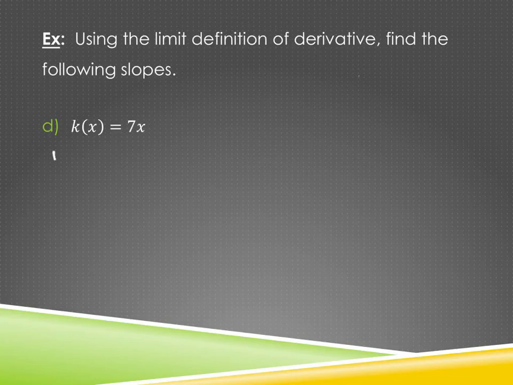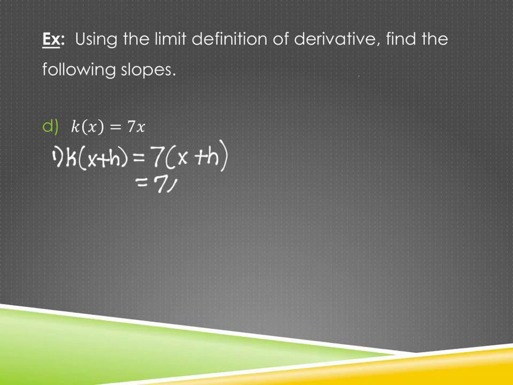We're going to do step 1, which is, in this case, k, right? So k of x plus h, which means we rewrite it with an x plus h where the x is. And so very nicely, this leaves me with 7x plus 7h. So far, so good?